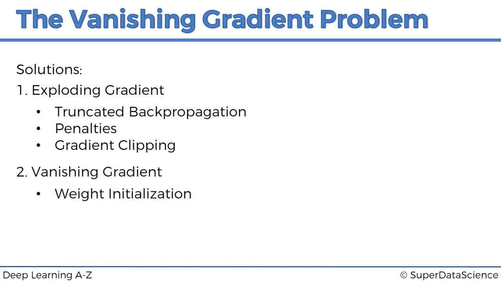You have weight initialization, where you are smart about how you initialize your weights to minimize the potential for vanishing gradient. There's a type of network called the echo state networks, and we're not going to talk about that, but they are designed to solve the vanishing gradient problem.